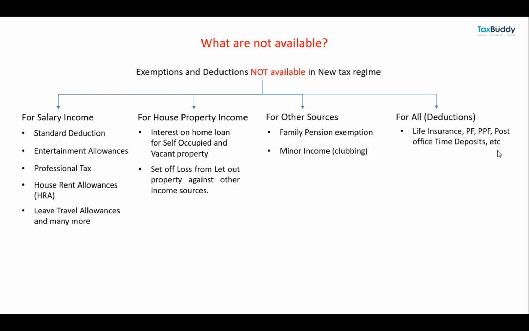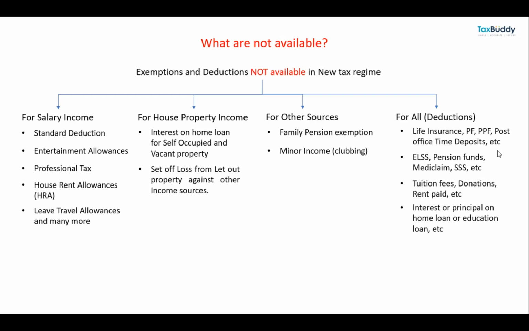Examples: life insurance, PF, post office time deposits, ELSS, pension fund, Mediclaim, Sukanya Samriddhi scheme, expenditures like tuition fees, donations, rent paid, interest or principal on home loan, interest on education loan, income based deductions like savings bank interest and interest from all deposits for senior citizen people. All these exemptions and deductions are not available in the new tax regime.